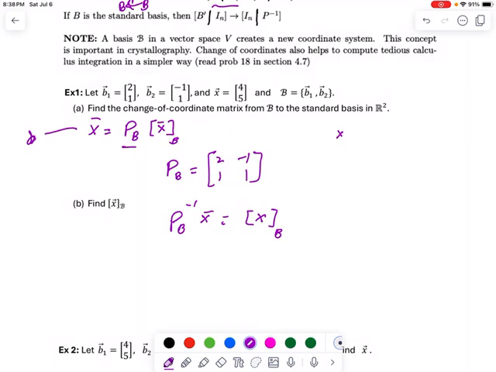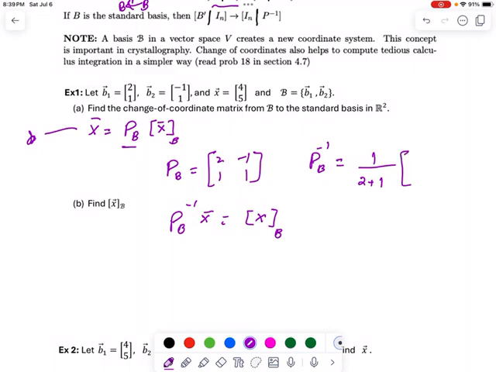It's a 2 by 2 matrix, so the inverse should be pretty easy. P_B inverse is equal to 1 over the determinant. The determinant is 2 times 1 minus negative 1 times 1, so it becomes 2 plus 1, 1 over 3.